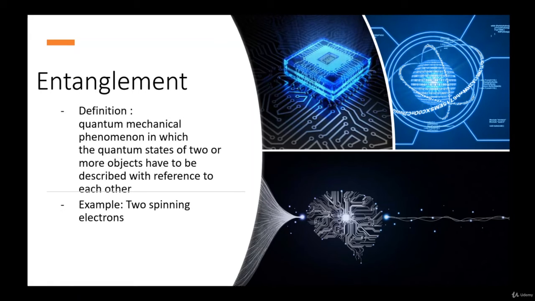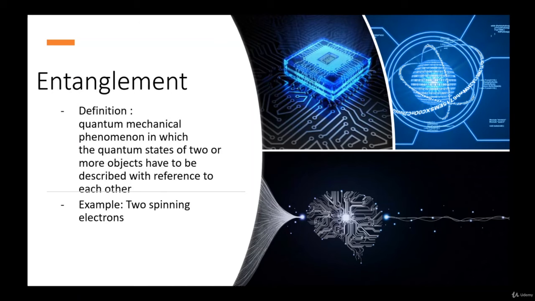Personally, how I see it, it's a physical phenomenon that can happen when a group of two or more elements interact or are generated or have the same proximity in space in a way that the quantum state of each element of the group can't have an independent description of the state of the others. Entanglement is one of the main features of quantum computing as well as quantum physics.